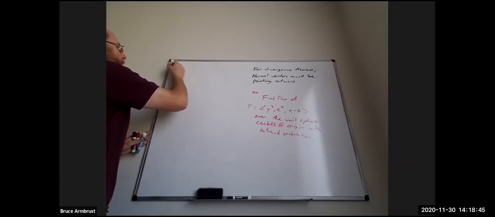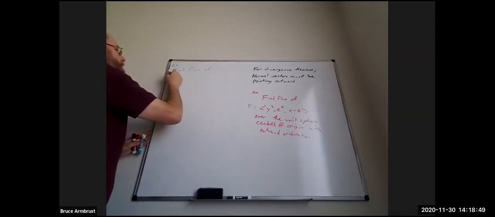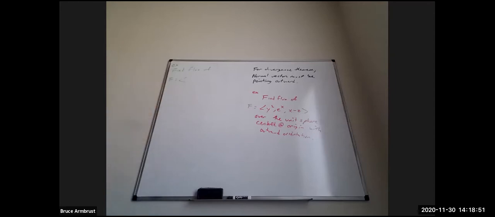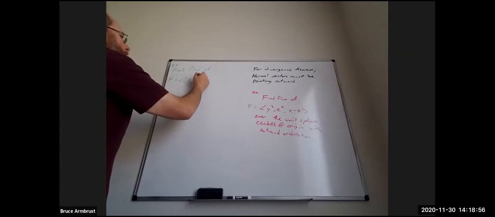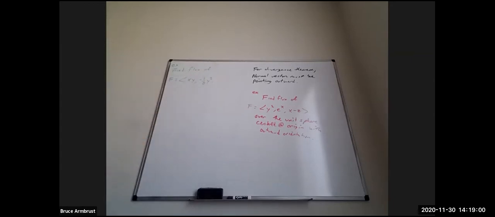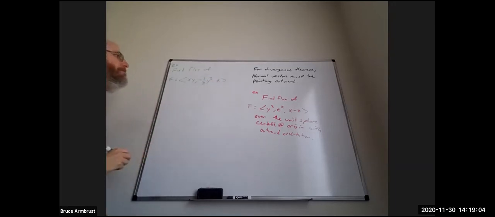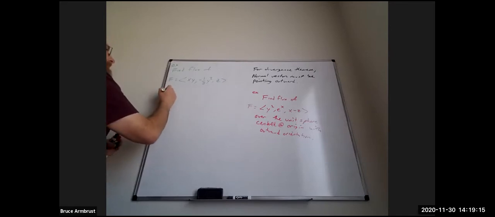Same story, we're going to find the flux. And this field, we're going to go with xy, minus 1/2 y squared, and z. So that's going to be our F.